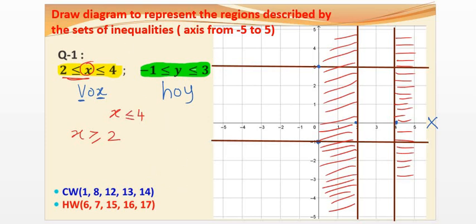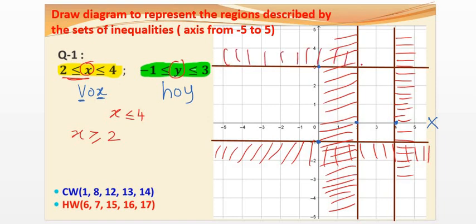Now we have to shade the unwanted region. As I told you, y is between these two numbers. That means keep this between area and shade below this line because we do not need smaller values than -1, and also shade above this line 3, because we do not need these values.